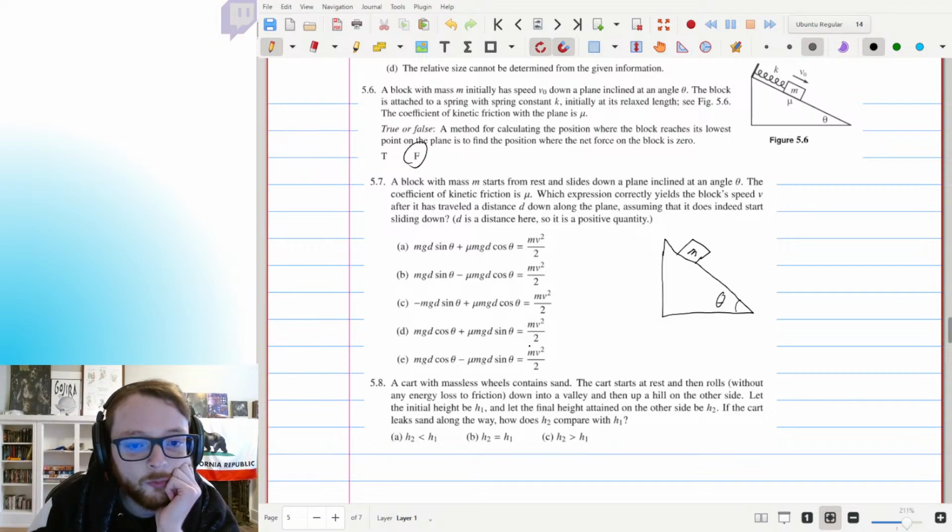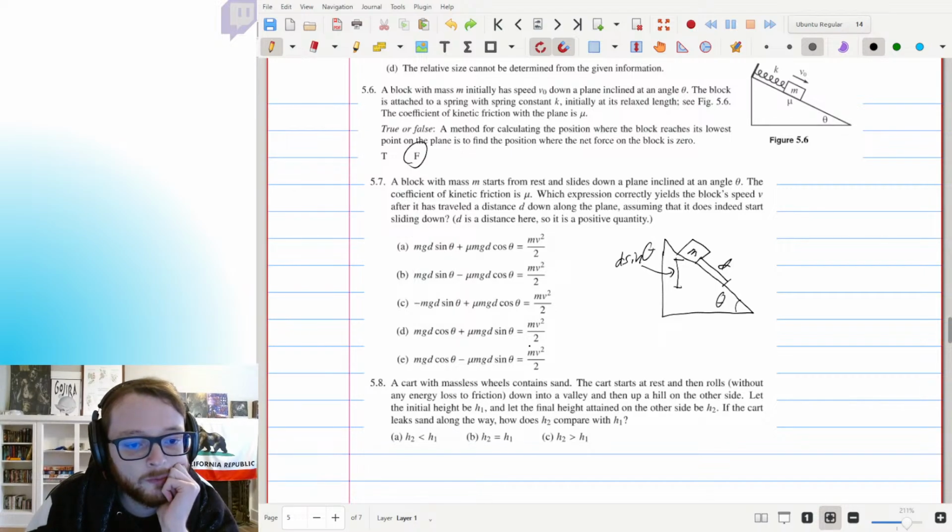And so we're doing d along the plane, so the vertical distance we care about is d sine theta. So that's where the mg d sine theta comes from in those expressions.